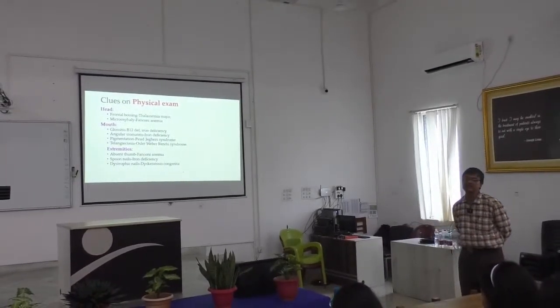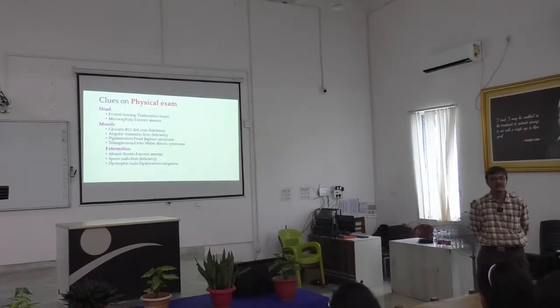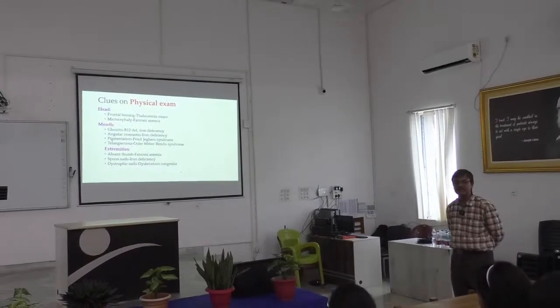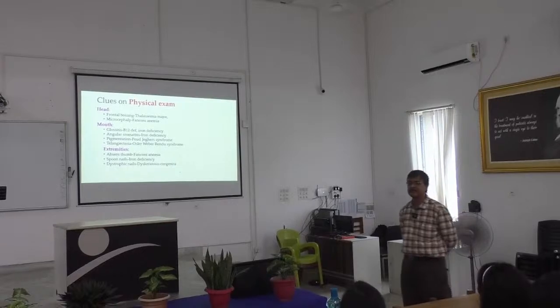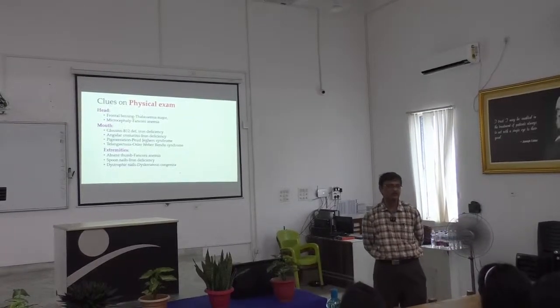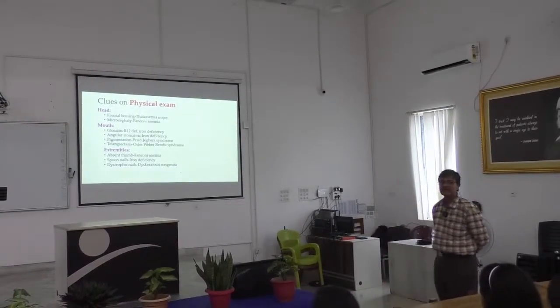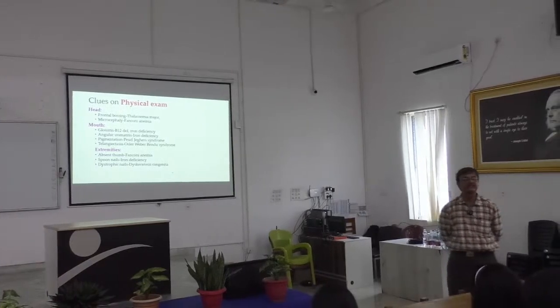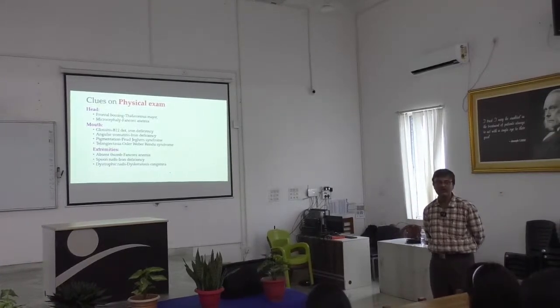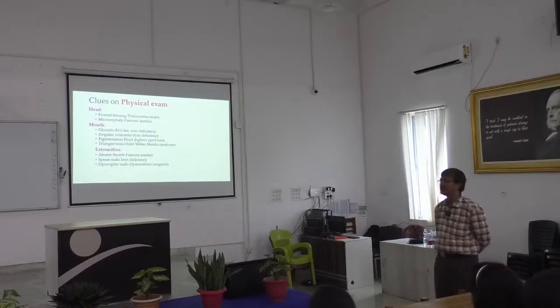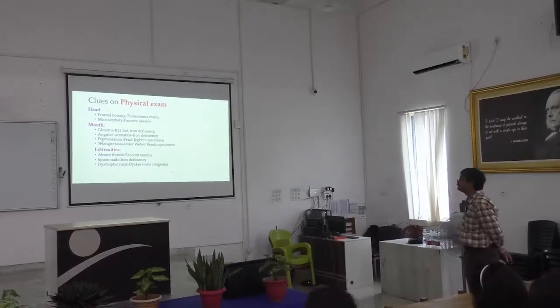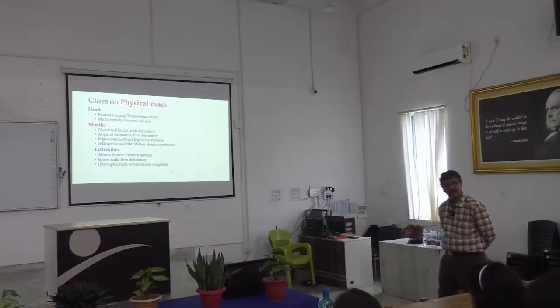One more condition where congenital anomalies are more common is pure red cell aplasia or Diamond-Blackfan syndrome. 30 to 40% of the patients have associated congenital anomalies. Then spoon-shaped nail, koilonychia, in iron deficiency.